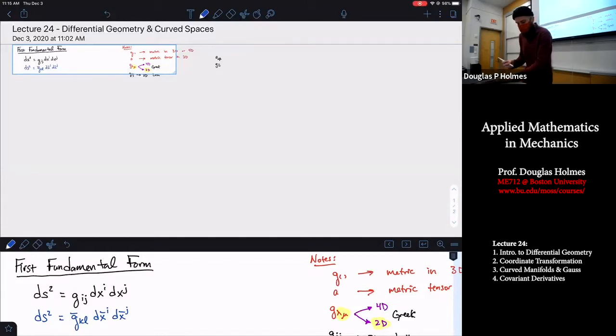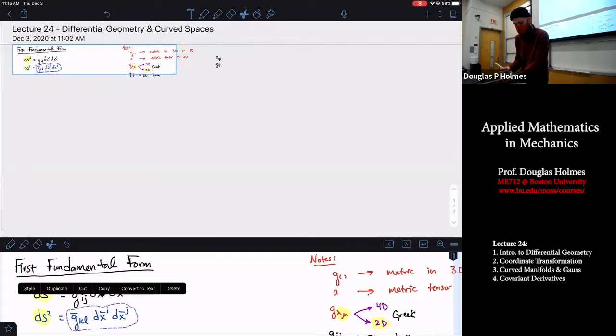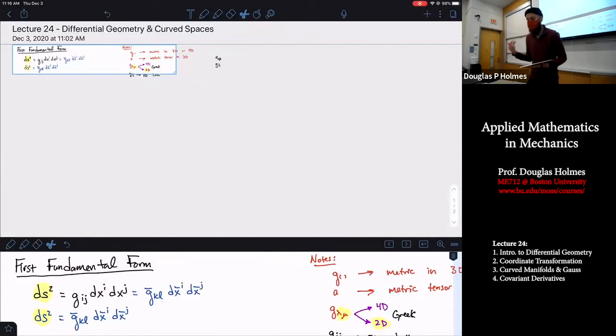And so therefore, if these two things are equal, then if I'm measuring the same object, I have to believe that there has to be some relation or some way to connect g ij to g bar ij, the metric tensor that I'm using and the metric tensor that you're using, so that we can both be sure that we're measuring the same distance, and so that we can switch between our respective coordinate systems to measure whatever we want to measure.